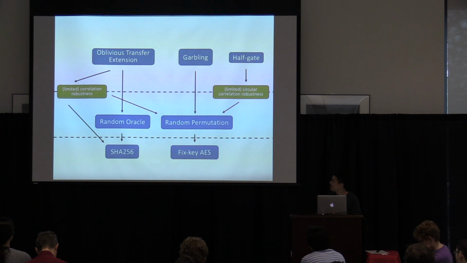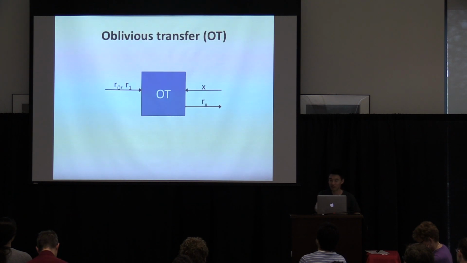So it turns out that this part is problematic in different kinds of ways. I will not talk about the half gate part, and I will mostly focus on this part, on why this is problematic. In order to talk about that, I need to first talk about oblivious transfer and oblivious transfer extension from a very high level.